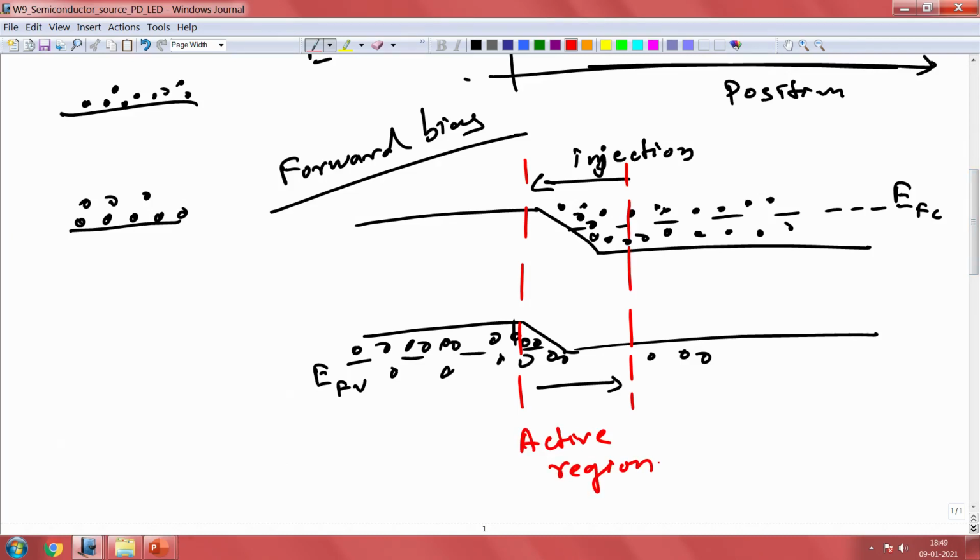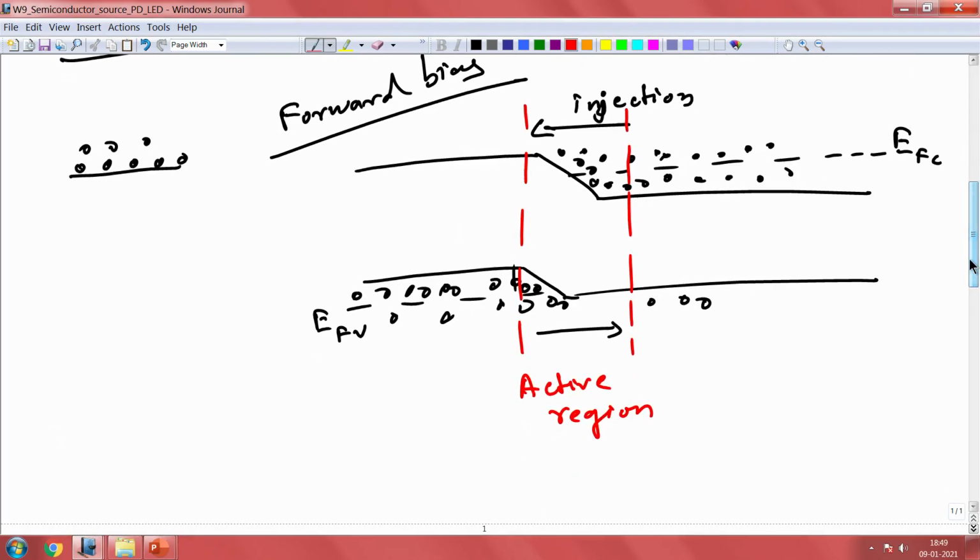In the active region, we see a crowding of electrons and holes. This injection will create the right condition for these electrons to recombine with the holes underneath. This recombination is something that we have to enable, and that is done through this forward bias.